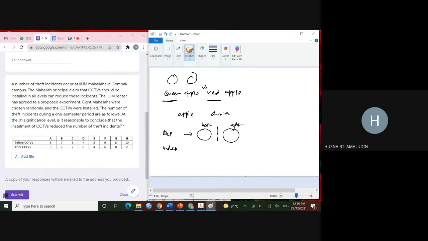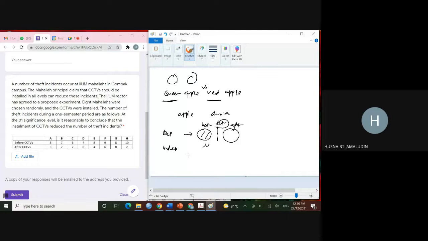So what is the intervention? Intervention is CCTV, but the observations are the same thing. So this is the same thing, and then because of the CCTV, you're going to have a different condition. While for independent, you are talking about two different things.